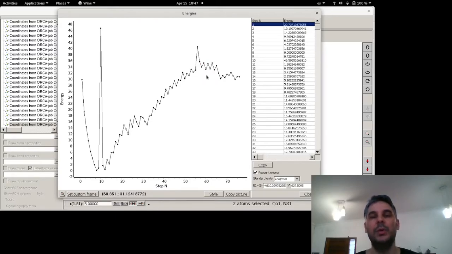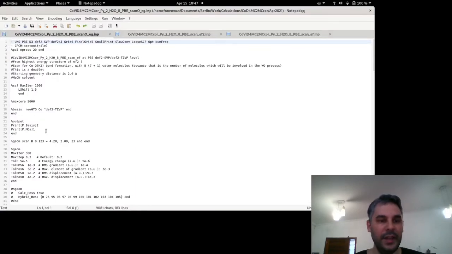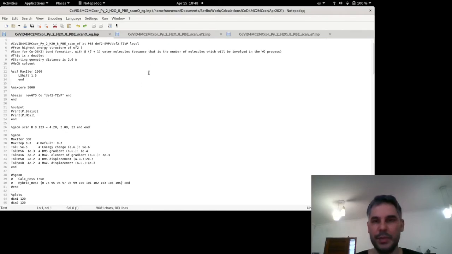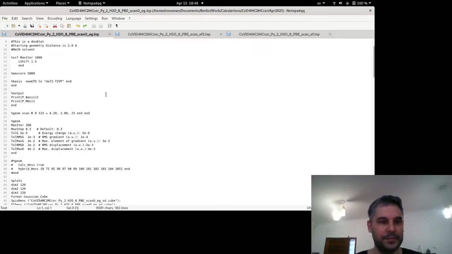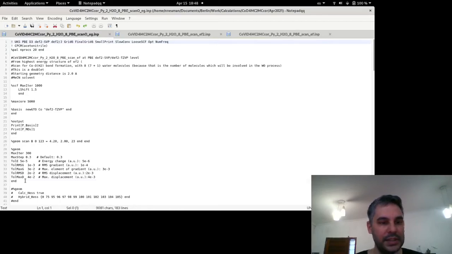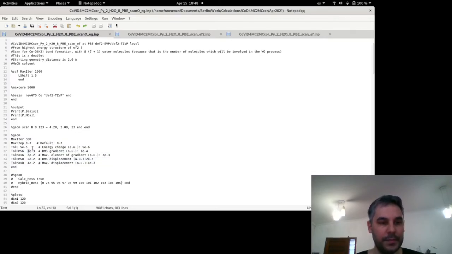Now in this file, for another step of the reaction, I said, okay, the previous optimization was too fast, too few steps. What I did is change the geometry parameters, so I went back to a factor of 10.